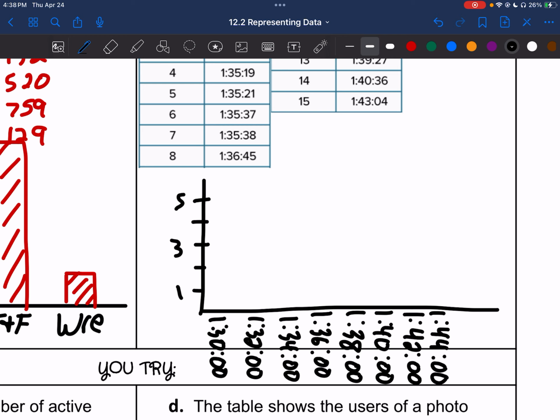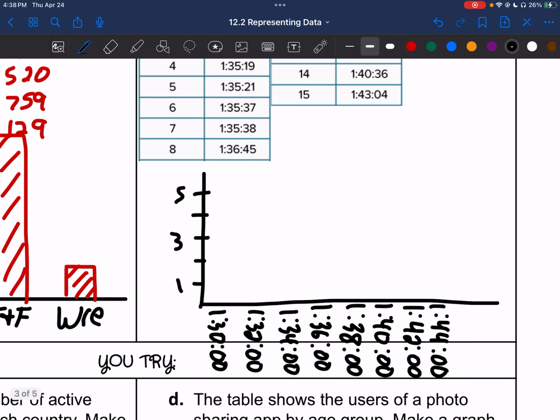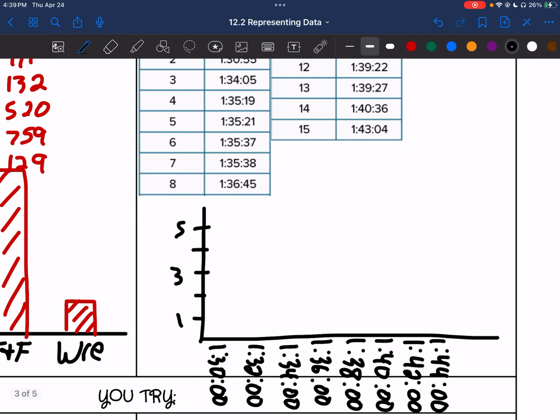So these are the start times of these intervals, and obviously the first one goes up to 1 hour, 31 minutes, and 59 seconds, right? So it's butting right up against the next one, where the next one starts at exactly 1:32.